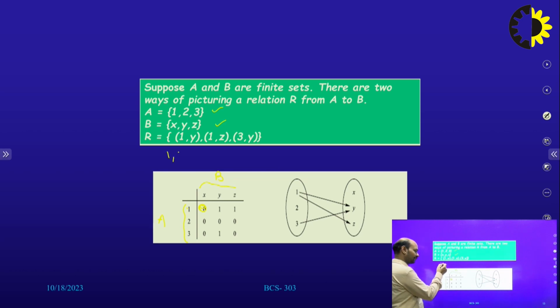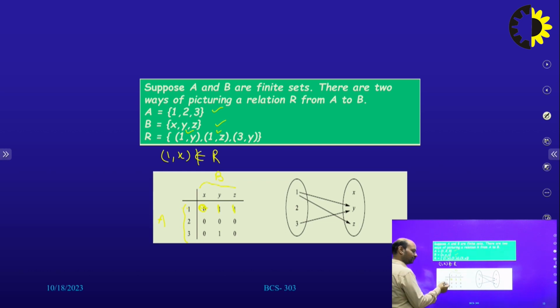It does not, so we put 0. If a certain ordered pair is present in the relation, we put the binary equivalent 1. (1, y) is present in the relation, so we put 1, and (1, z) is also present, so we write 1.